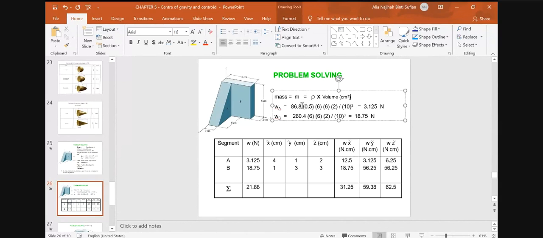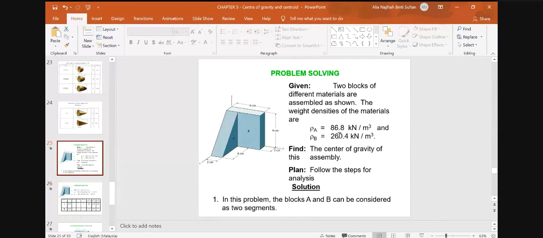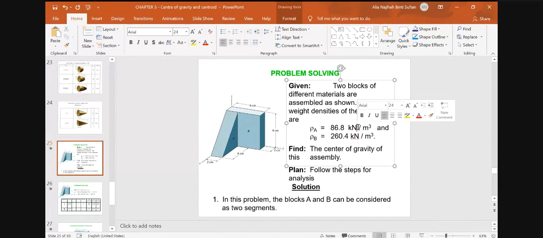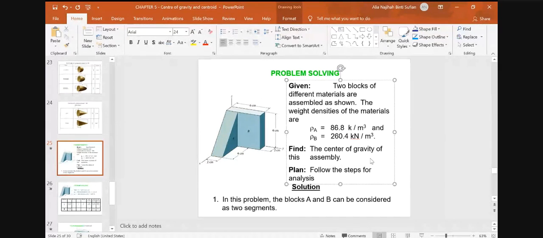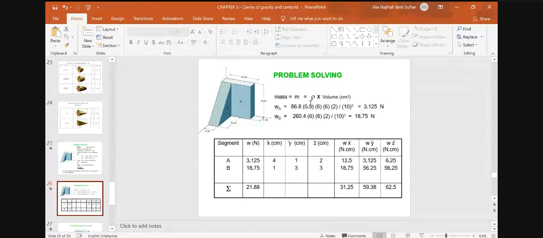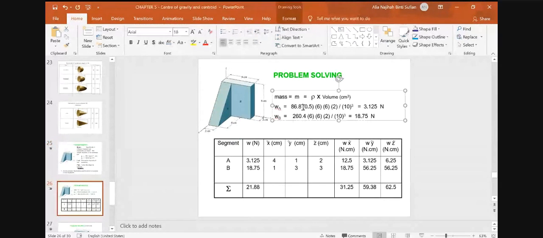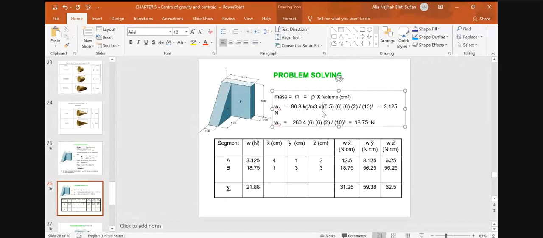Now, 86.8 is rho in kilogram. This slide has so many mistakes. This is kilogram per meter cube, multiplied by the volume.